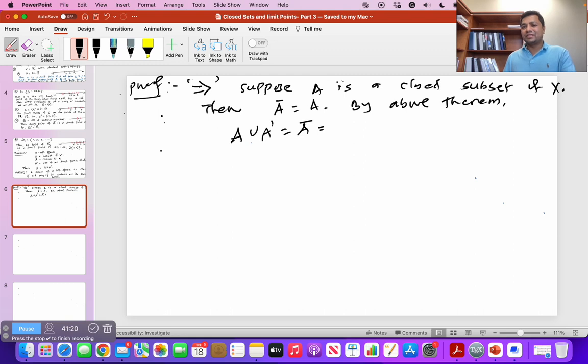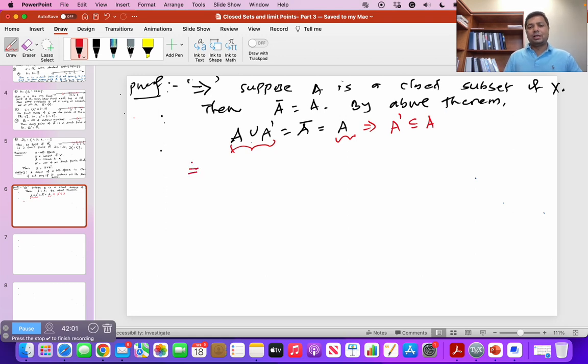But since A is a closed subset of X, A closure is the same as A. Now here we found that A union A prime is the same as A. So this implies that A prime has to be a subset of A. If A prime is not a subset of A, then we cannot say that the union is the same as A. So this implies that A prime is a subset of A, which means A contains all its limit points. So that is what we wanted to prove here.